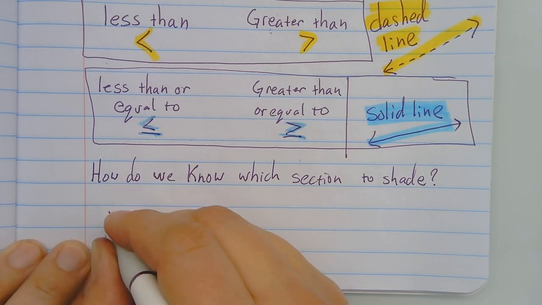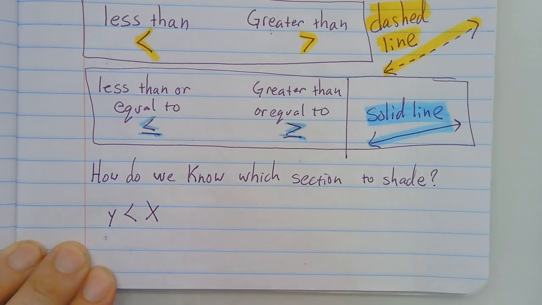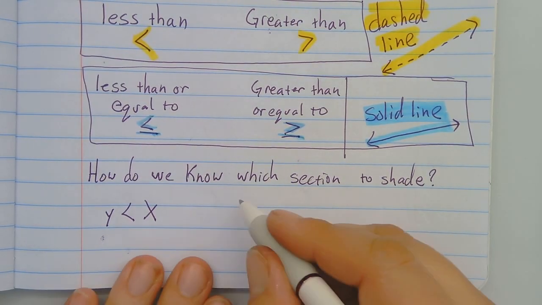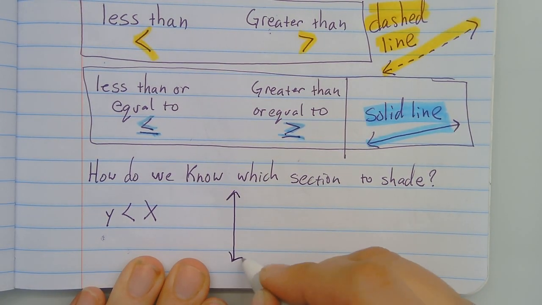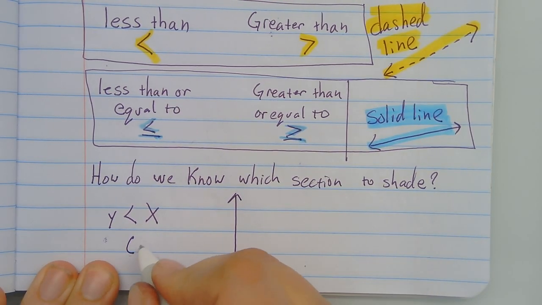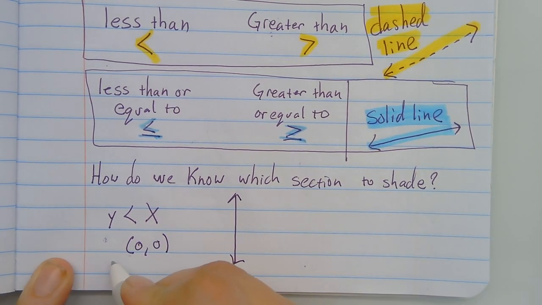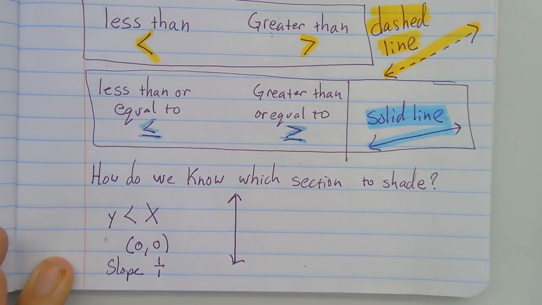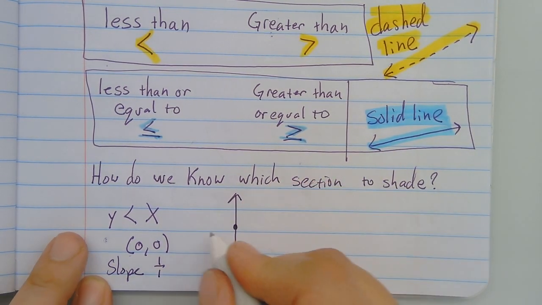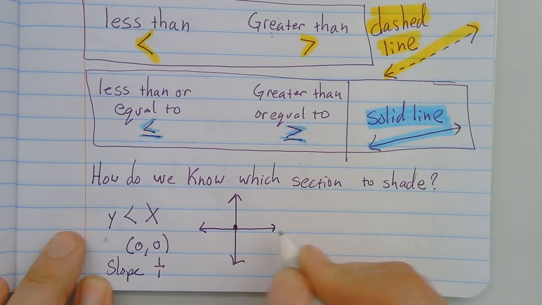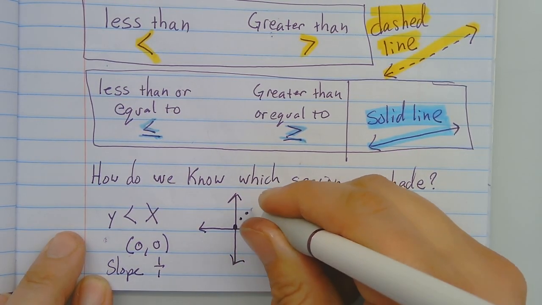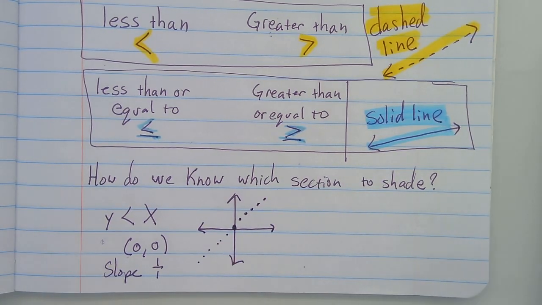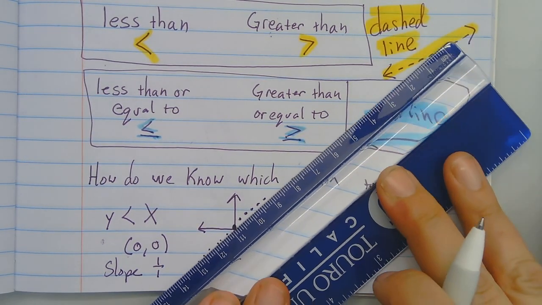If I have y is less than x, my intercept is 0, 0, and my slope is 1 over 1. It's a dashed line.